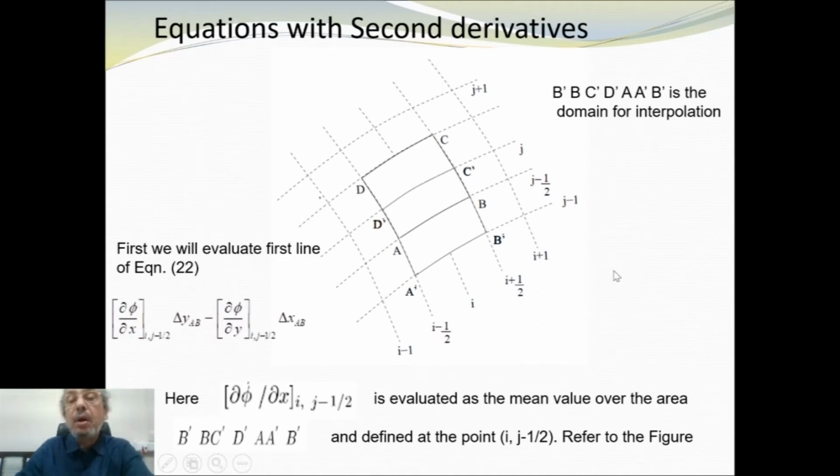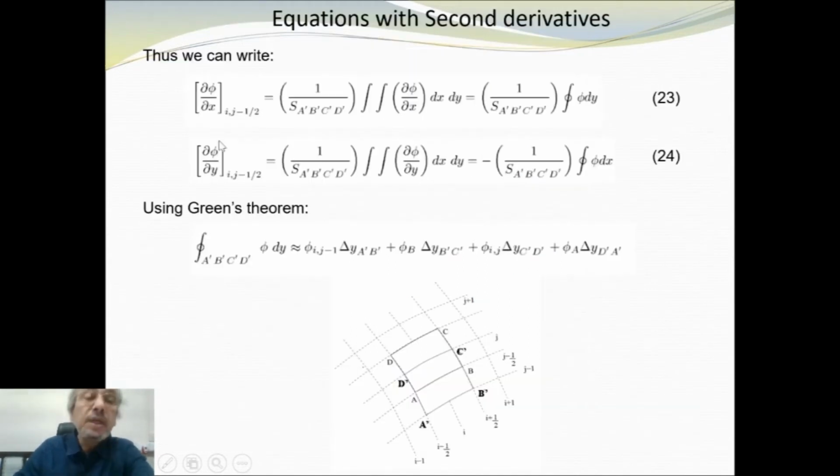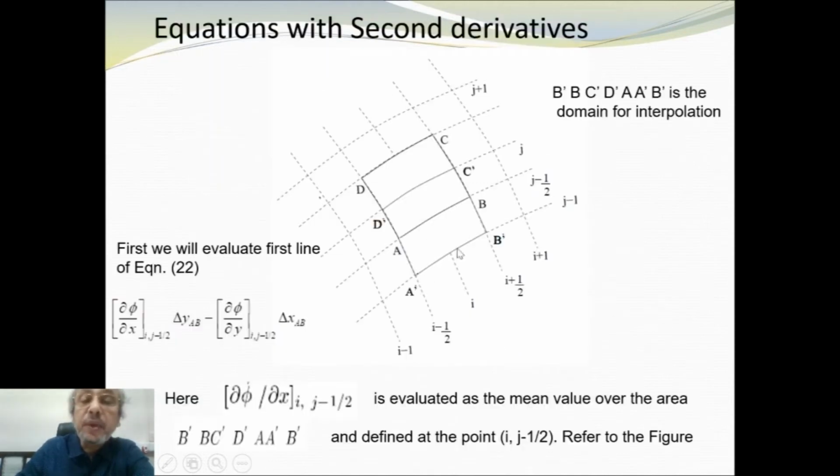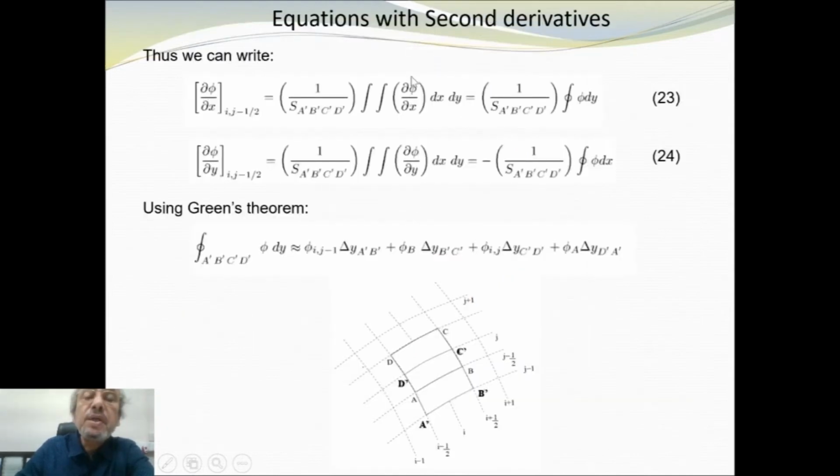So we will do that integration. Del phi del x at i, j minus half is equal to the mean quantity of del phi del x on this domain A prime, B prime, C prime, D prime, which means the area integral of del phi del x dx dy divided by the area of A prime, B prime, C prime, D prime.